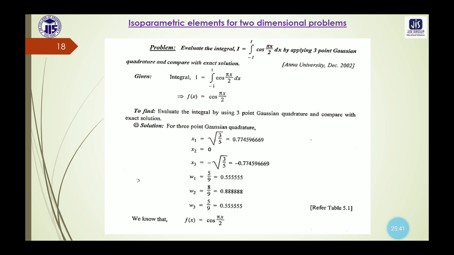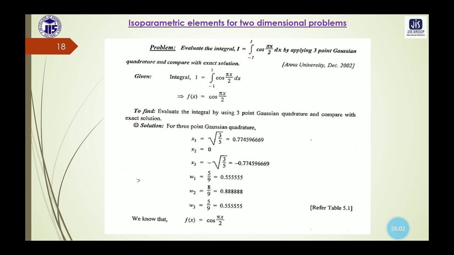So let us move to the next numerical. We need to evaluate the integral I equals minus 1 to 1 cos pi x dx by applying 3-point Gaussian quadrature and compare with the exact solution. Now the integral I is given as minus 1 to 1 cos pi x by 2 dx.